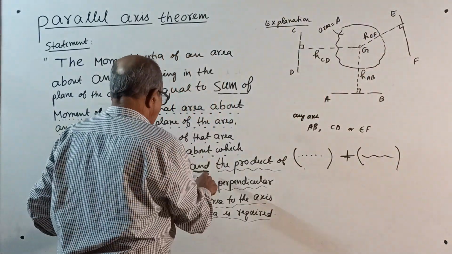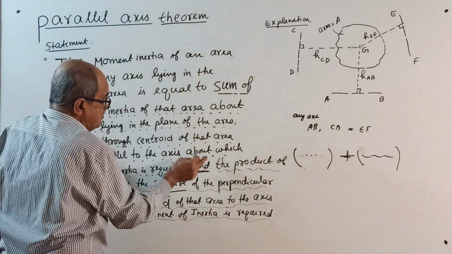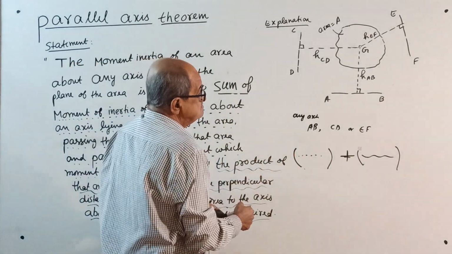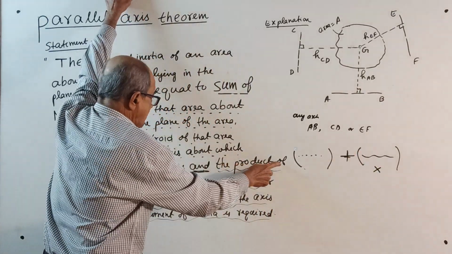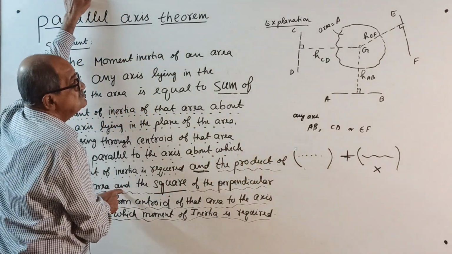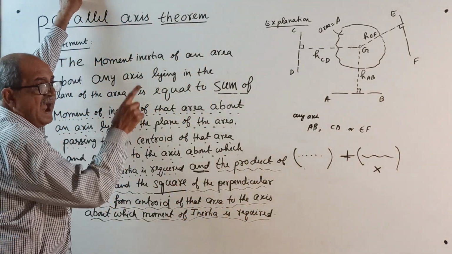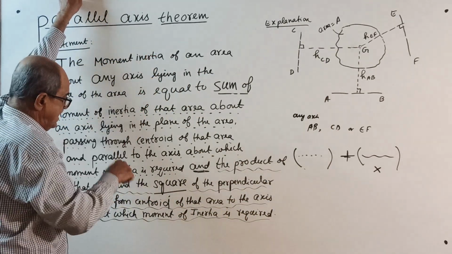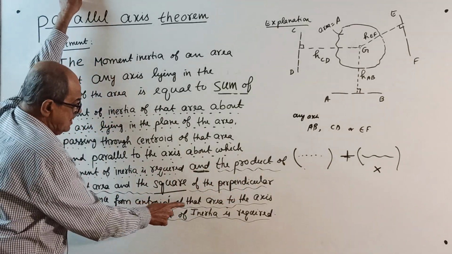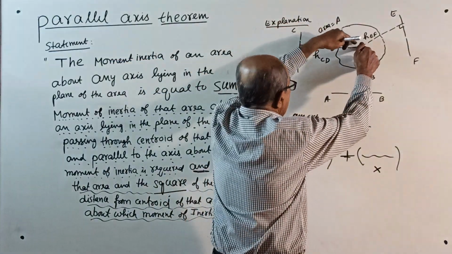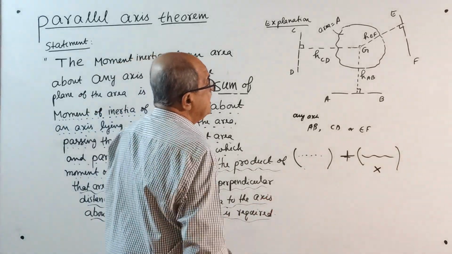So 'and' means plus. I told you the sum of the first term and the second term. The product means multiplied: the product of that area and the square of the perpendicular distance from the centroid of that area to the axis about which the moment of inertia is required.